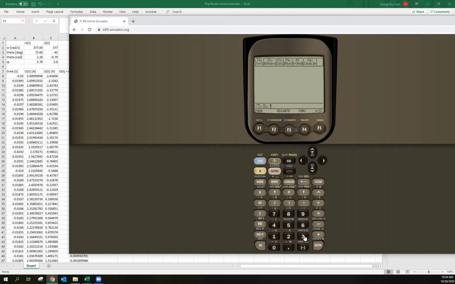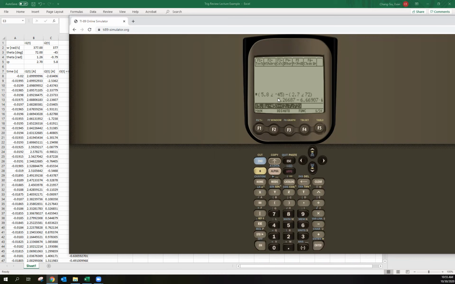Negative here, not this minus, but negative 45, and I can close it off. So that's I2. And I can go minus I1. Well, what's I1? 2.7. So I put a parenthesis, 2.7 with an angle of what? 72 degrees. Boom, boom.